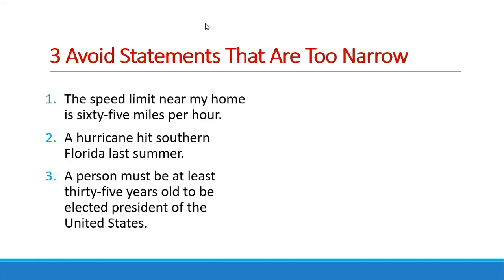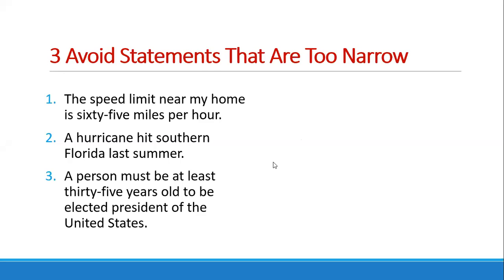Okay. Adnan is saying no idea. All right. So "a hurricane hit southern Florida last summer." It is a fact, a catastrophe that hit southern Florida last summer. Now, this thesis statement is too narrow. What will you be writing around it?